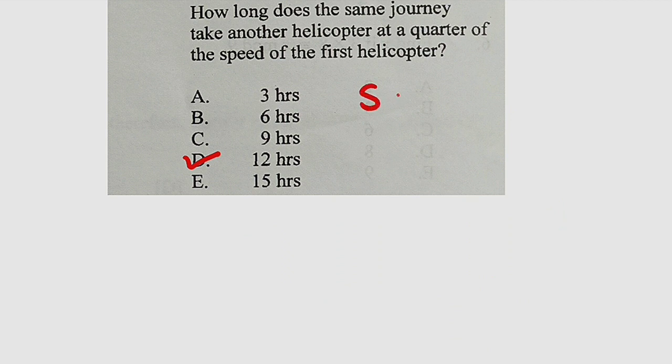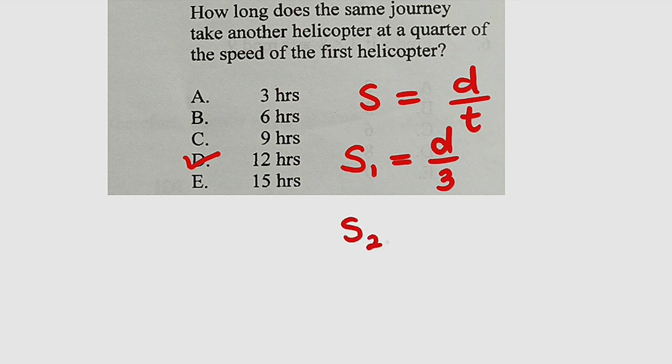Remember that speed is equal to distance divided by the time. This is the formula. So let's assume the first helicopter, let's call it speed number 1. Distance will not change. Kano to Lagos will be forever the same, irrespective of whether you move faster than the other. So we leave it as D. But it takes the first helicopter how many hours? 3 hours. So what about the second helicopter? Let's call it S2.